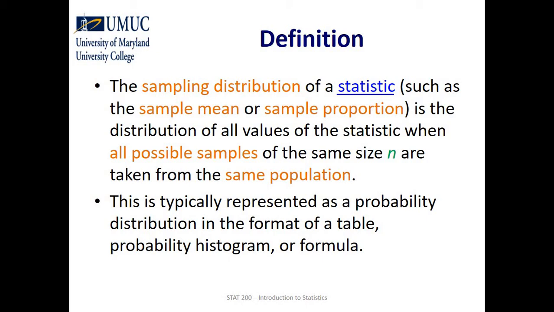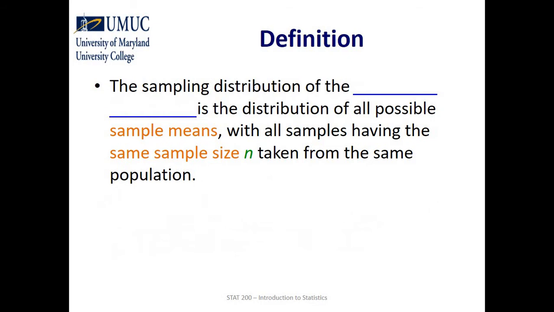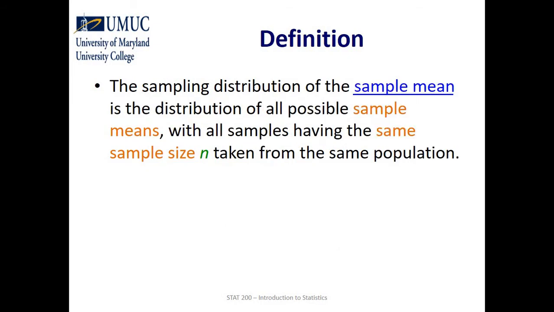Okay, that may not make sense right now. I'm going to go through some more definitions, and then we're going to look at an example which I think will help enlighten you on this topic. The sampling distribution of the sample mean is the distribution of all possible sample means with all samples having the same size n taken from the same population.